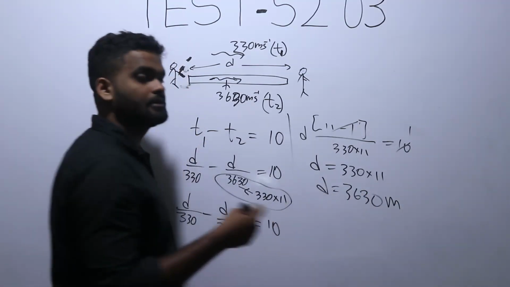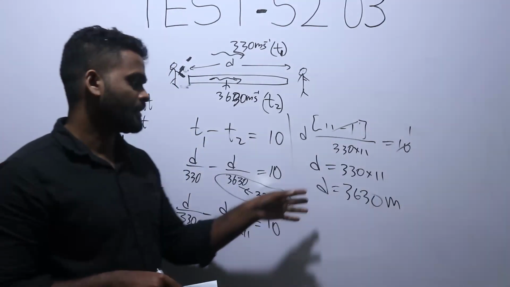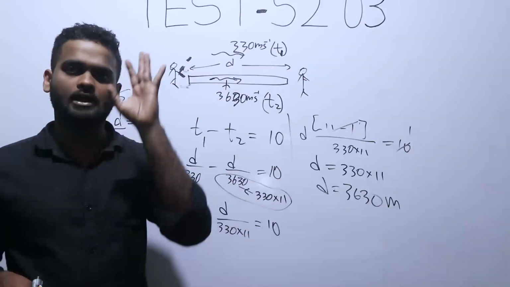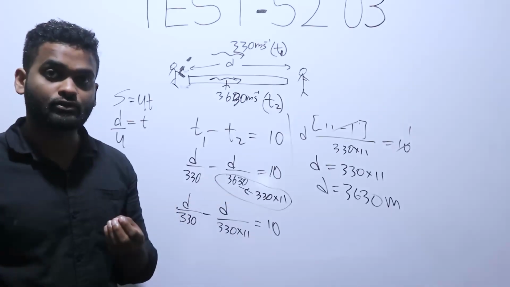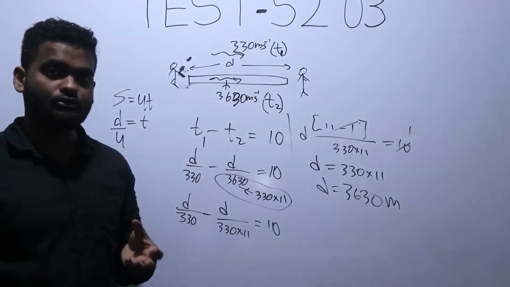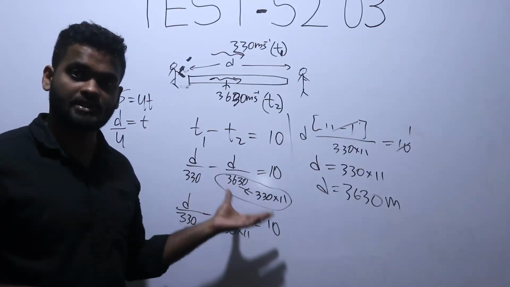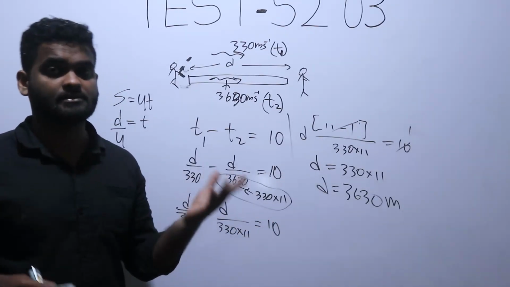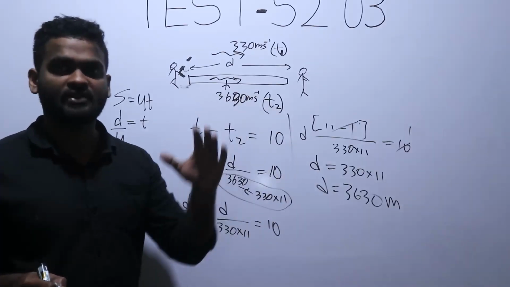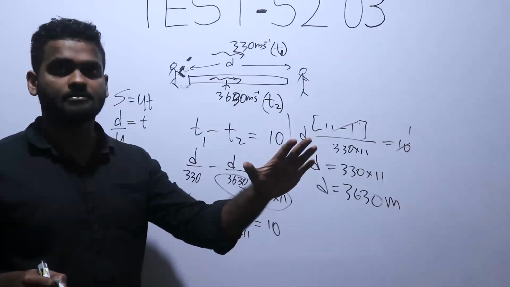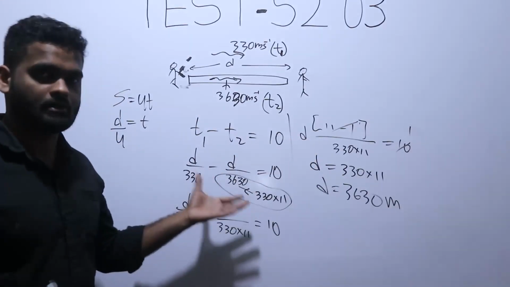So usually, in most cases, for an MCQ, they don't give complicated calculations. They give something like this. So you have to have the ability to spot this. Otherwise, simplifications would take a long time. You can save time.